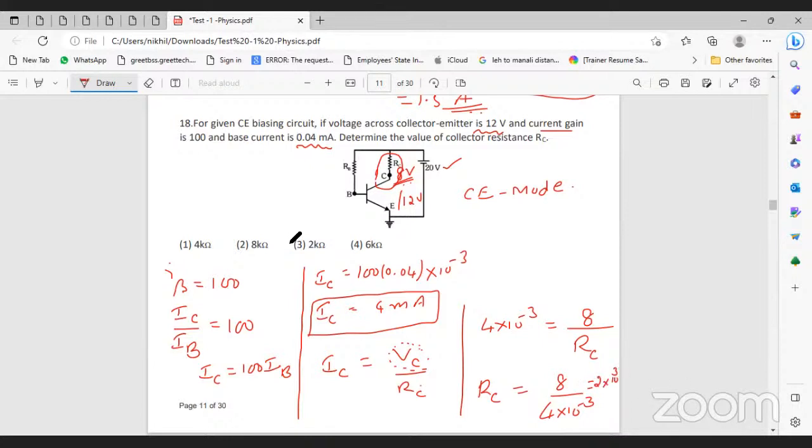So it should be 2 kilo ohm. Option 3 is the right answer.